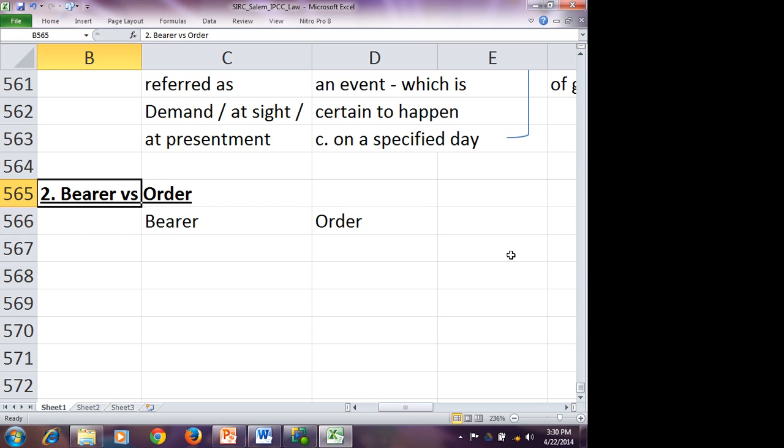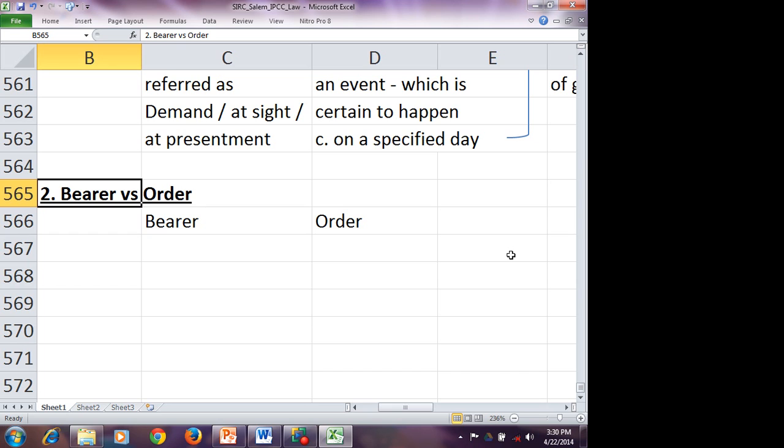Could be yes, could be no. If the person's name is specified, it could still be a bearer instrument. So name is not the criterion. He could still draw a cheque, pay to Kumar or his bearer. Then what is the parameter which will classify an instrument as bearer or order?